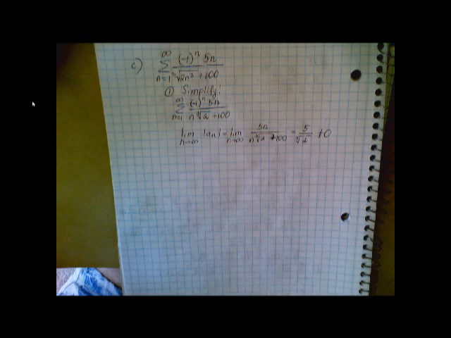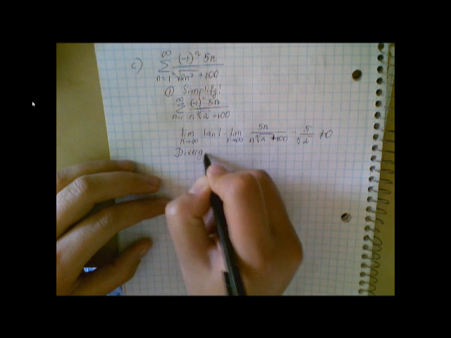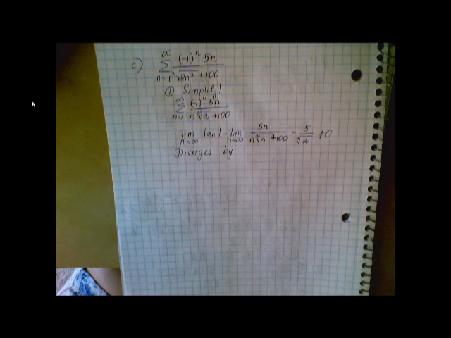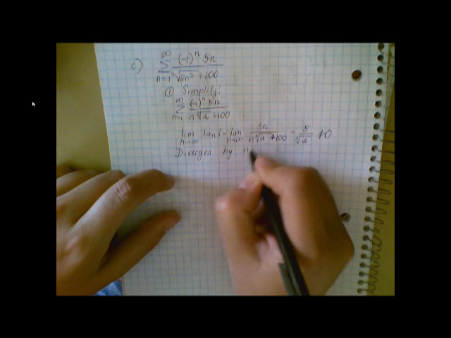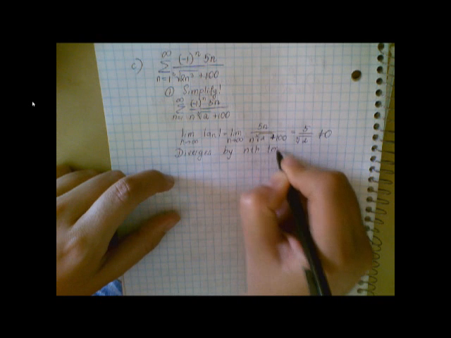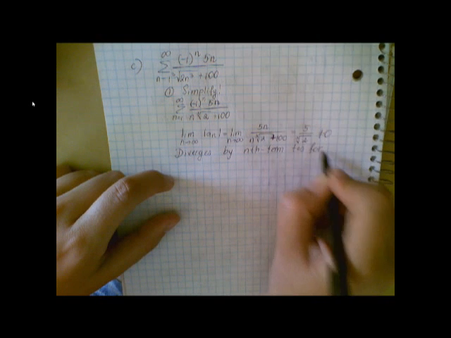And we know that whenever the limit of the inside is not 0, the whole series diverges. And the only test for which we use this limit is the nth term test for divergence.